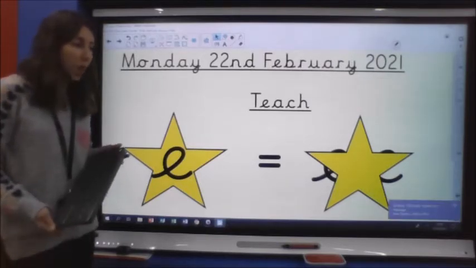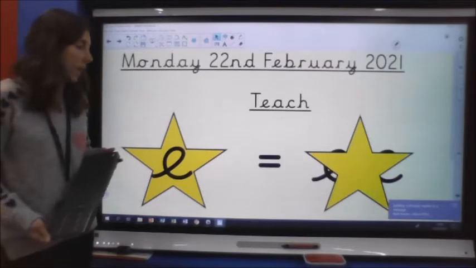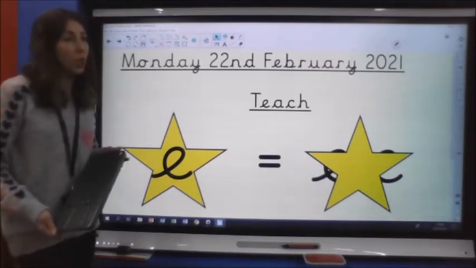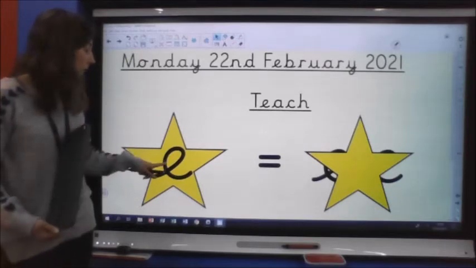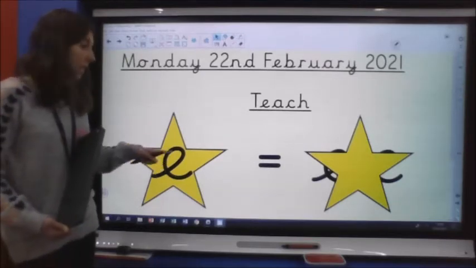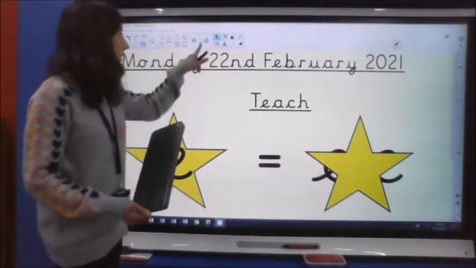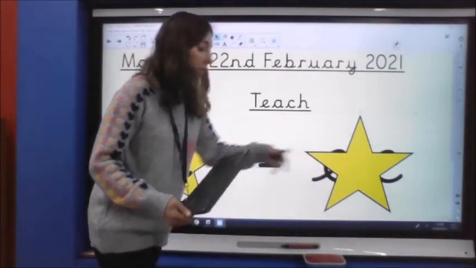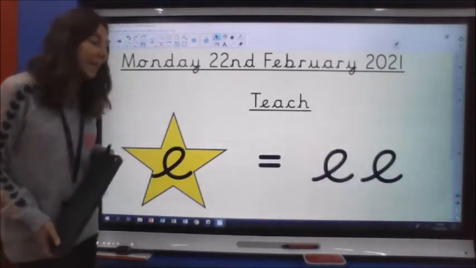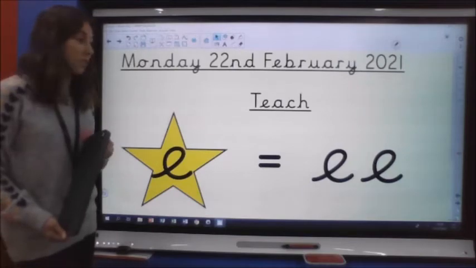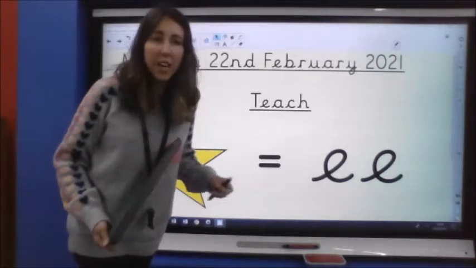Okay, so letter E in our words today is not going to make a short vowel sound, it's going to make a long vowel sound. So instead of letter E making a short E, letter E is going to make a long E sound. The letter E on its own making a long E sound. We know E and A can make an E sound.